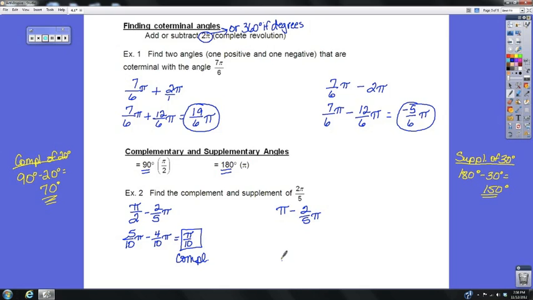Alright, my supplement, my common denominator here would be 5, so pi would be 5/5 pi minus 2/5 pi, which would turn out to be 3/5 pi. And this is my supplement.